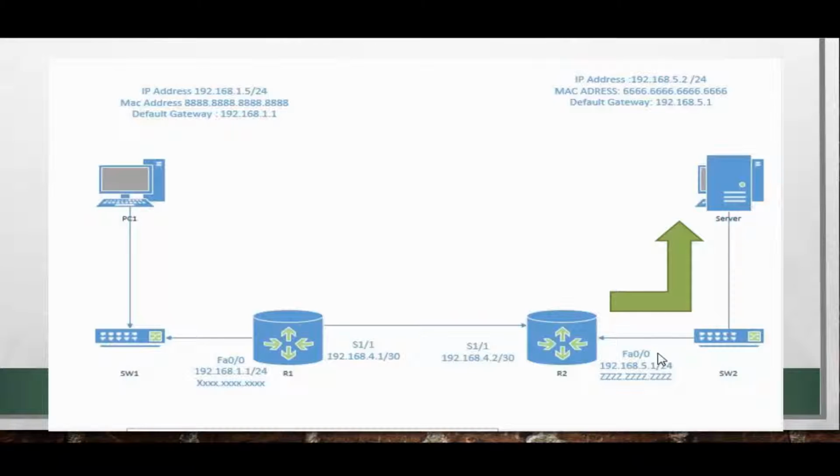After that, router 2 sends the frame out of the FastEthernet 0/0 interface to the server, as we illustrated, and that frame has the original source IP address, the source MAC address, the destination IP address, and the destination MAC address.